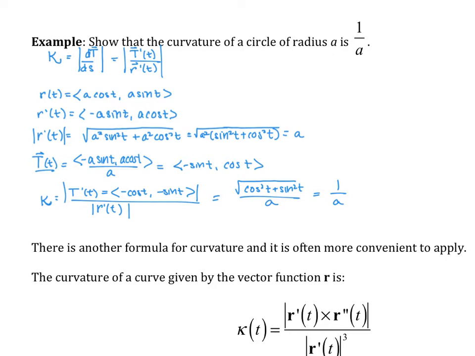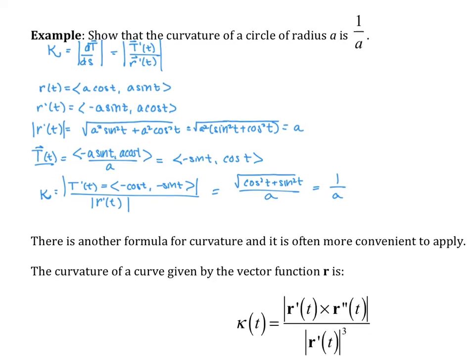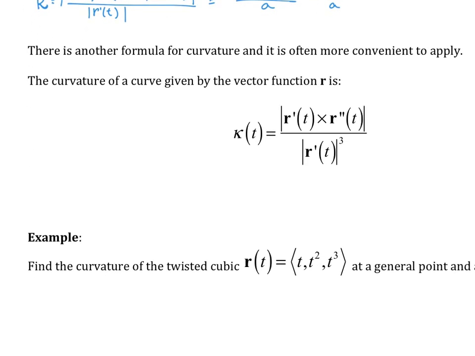Okay, well, there is also another formula that we might use for curvature that takes our number up to 3. That is oftentimes easier to apply. So this particular formula for curvature can be easier to apply. We'll look at an example of why it's easier to apply.